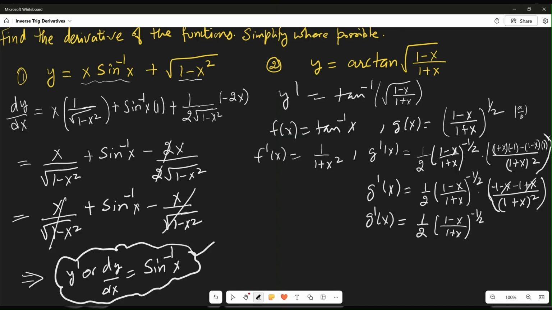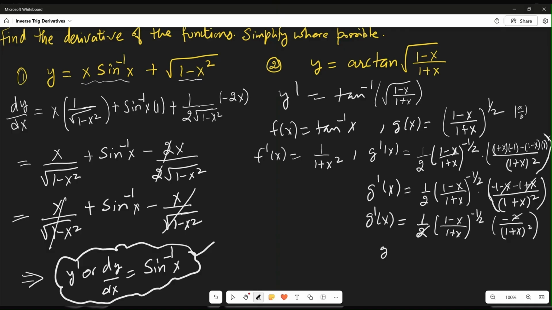Positive, negative cancels out. This is going to be negative 2 over 1 plus x cubed. So, okay, this 2 cancels out with this one.